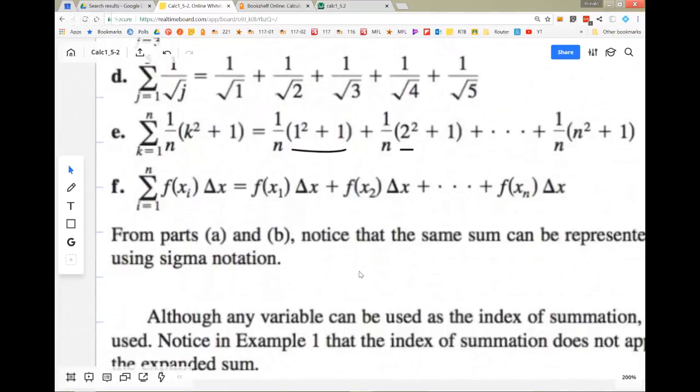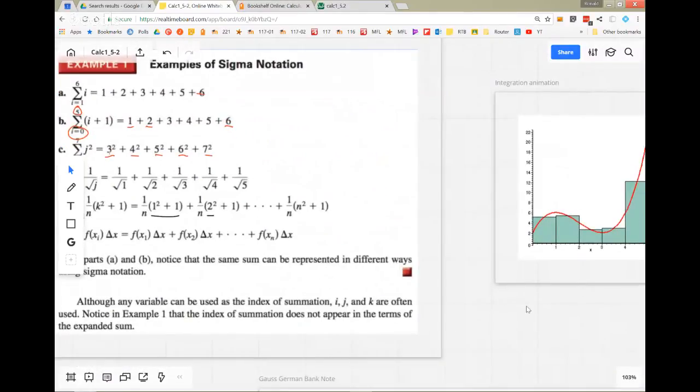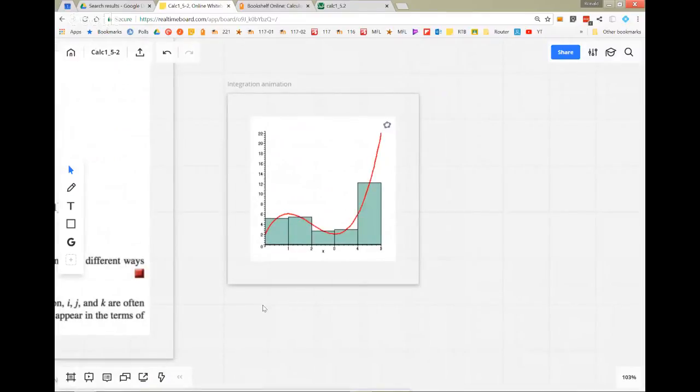So F, basically, let me see if I can show you an example. Yeah, so if we look over here, you could think of f of x being this red curve. And what's the height of the curve at any point? f of x.